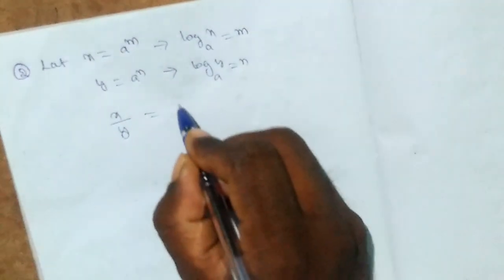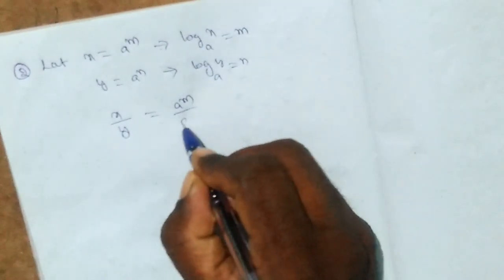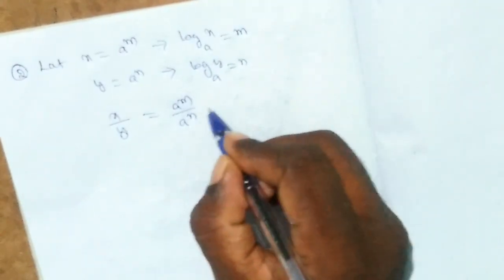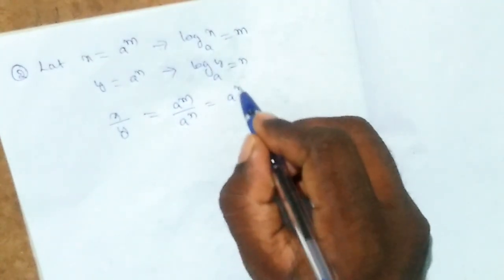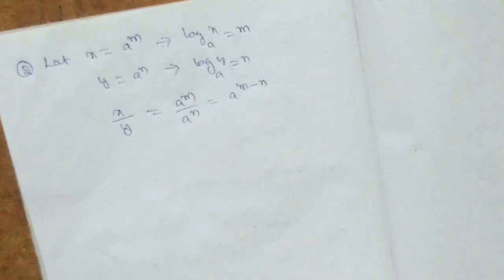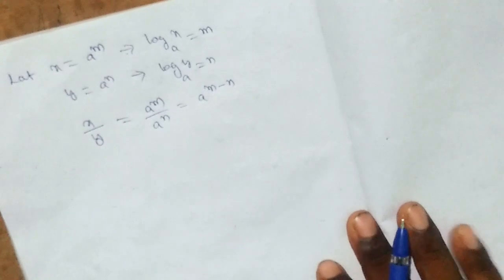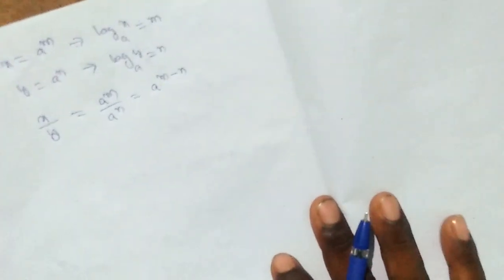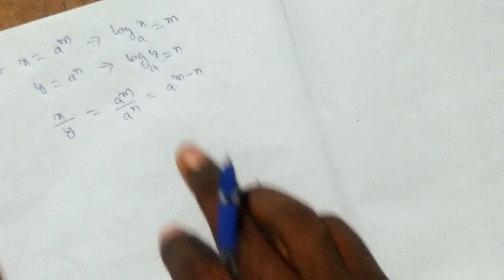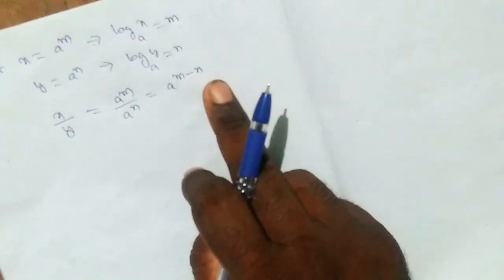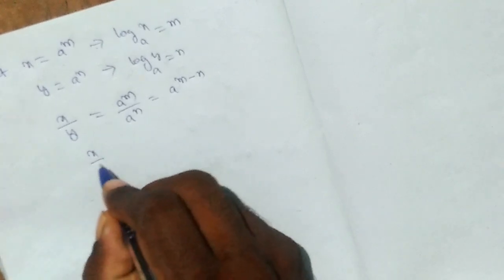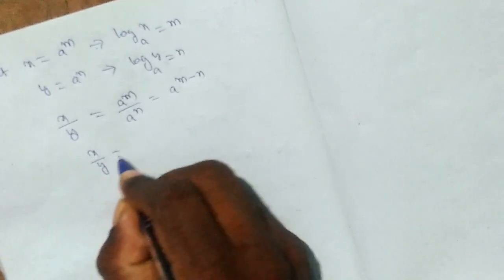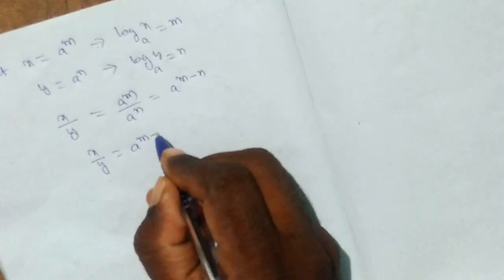That's equal to a to the power of m by a to the power of n. So we can write a to the power of m minus n, already by using the exponential law. So finally x by y is equal to a to the power of m minus n.